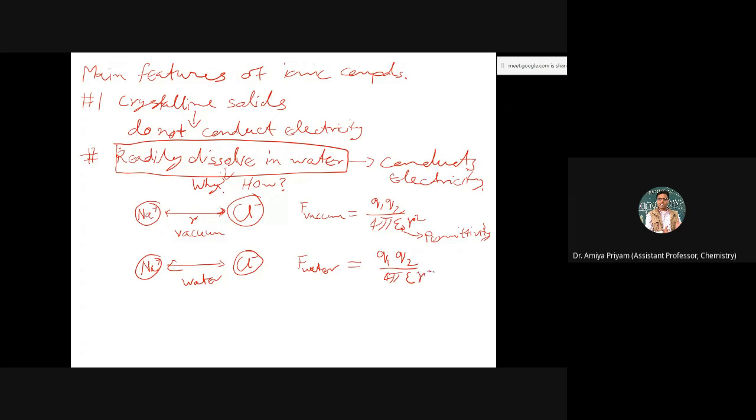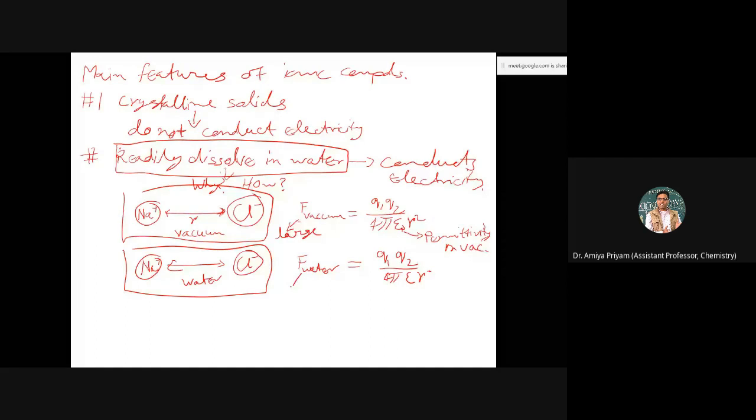So this is the permittivity in vacuum and the permittivity in water. If you compare the two situations, the attractive force in the vacuum is large, and this is a small force in comparison.